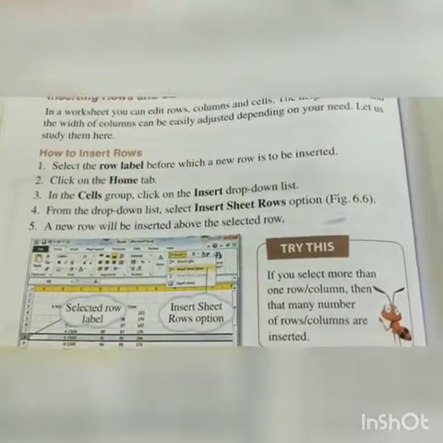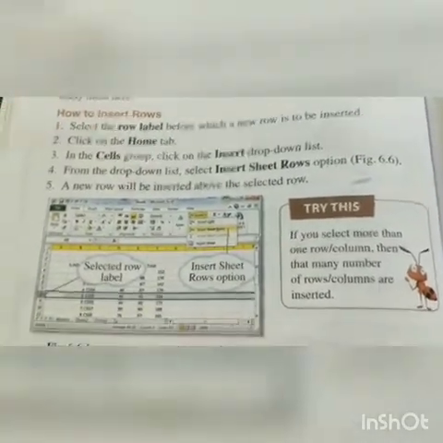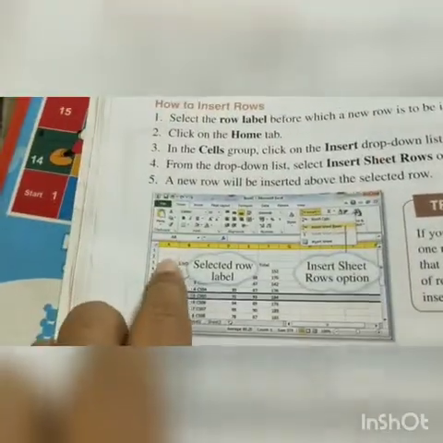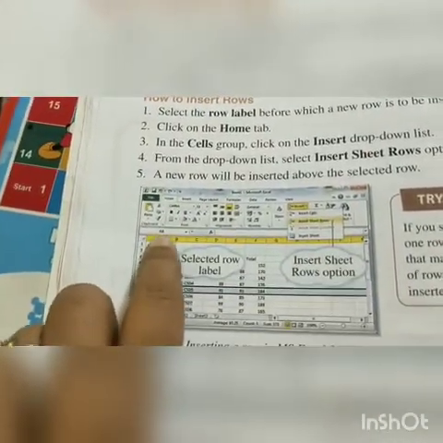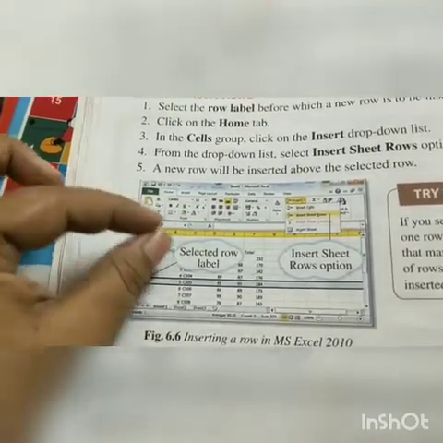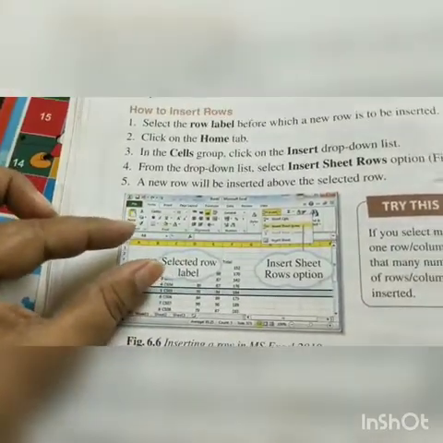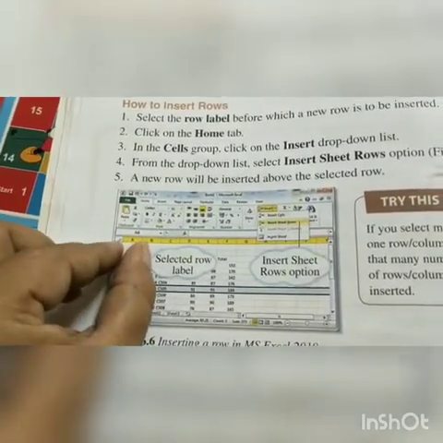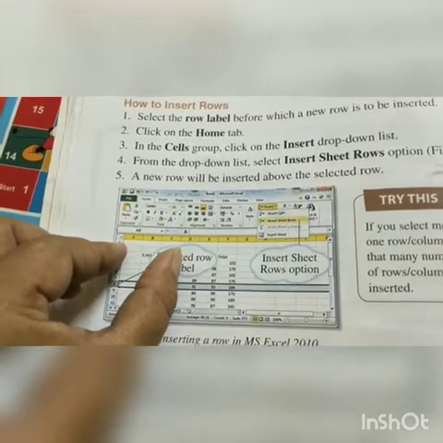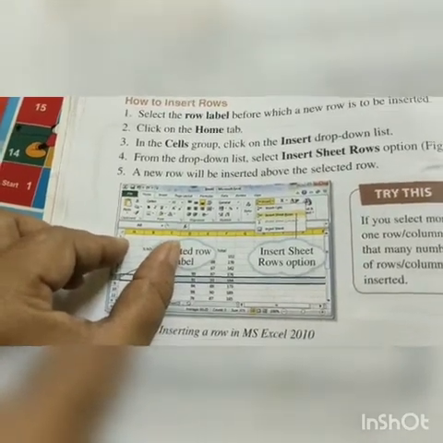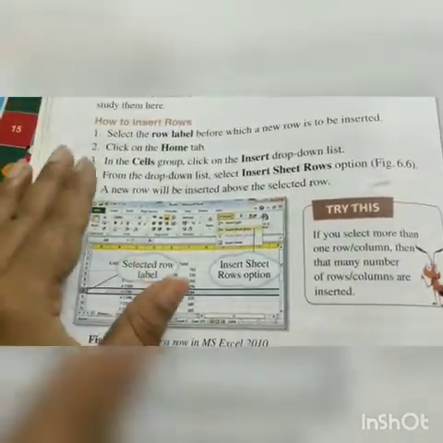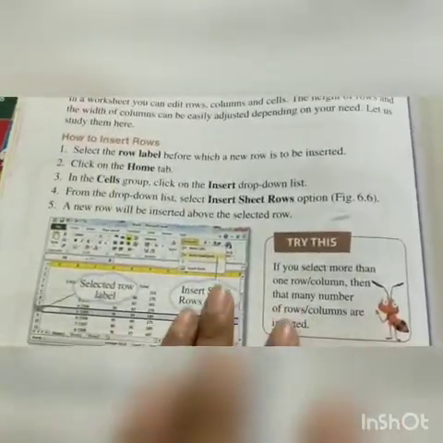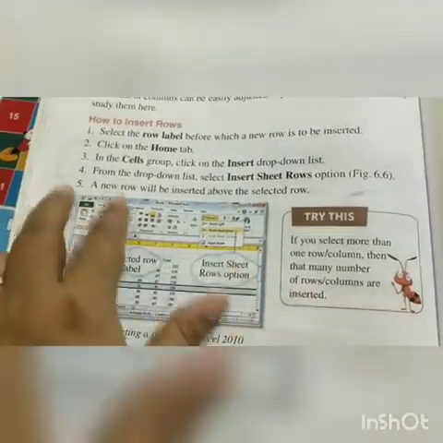So, the height of the rows means if the rows are small and you want them large, how can you make the height? If a column is small, then you can make it broad. So how can you do it? Okay, so these things are given here. So today we will study that, and according to your needs you can change it.